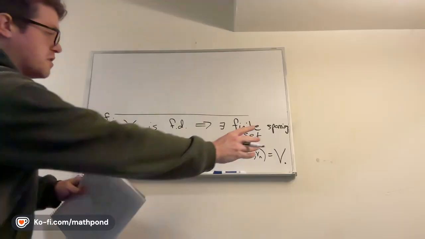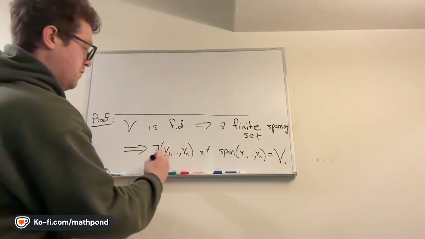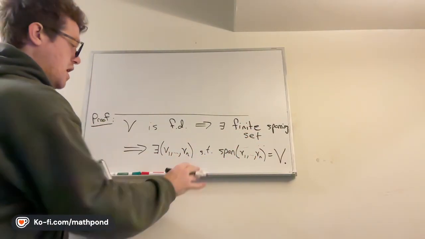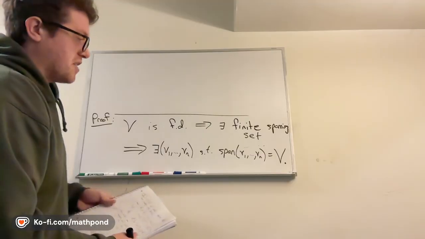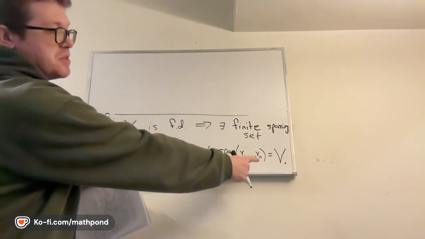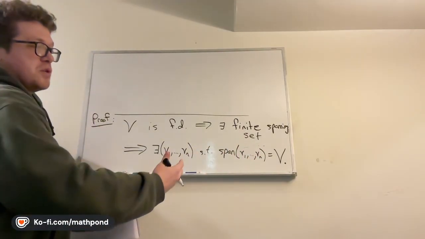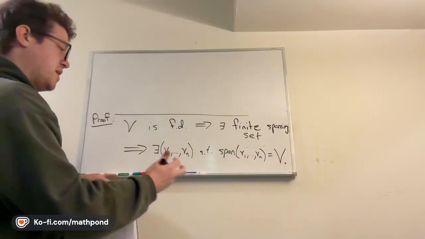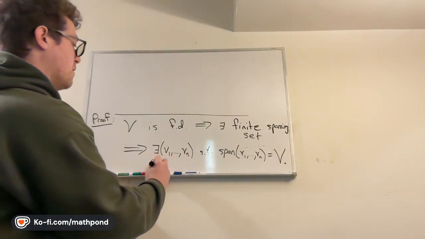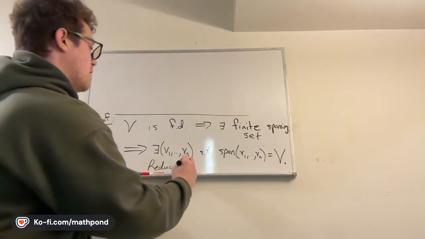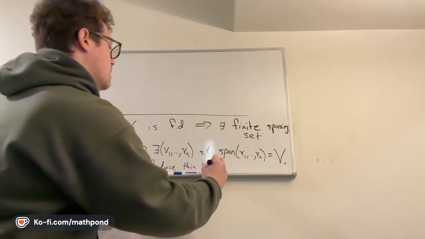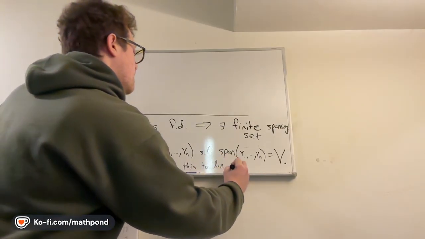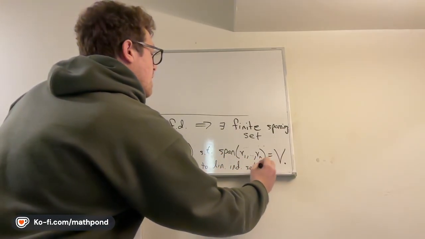I guess we would just finish the proof here. I don't have the number here, but there is an Axler statement that says every spanning set can be reduced to a linearly independent set without changing the spanning set. So basically we just say reduce this to a linearly independent set, and then we're done.